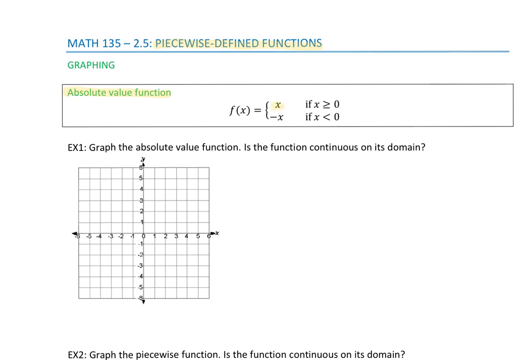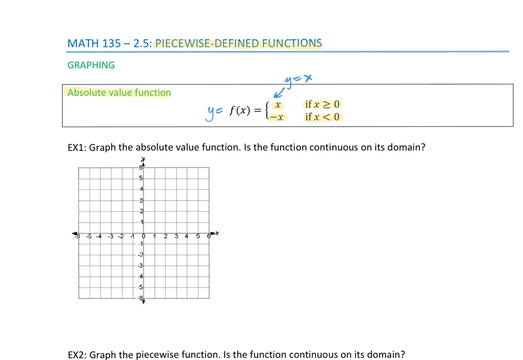It's equal to x if x is greater than or equal to 0, and then negative x if x is less than 0. So something to remember is that f of x, our function, remember that's just a y value. So what we're saying is that if you put in x values greater than or equal to 0, then you get back a y value equal to x.